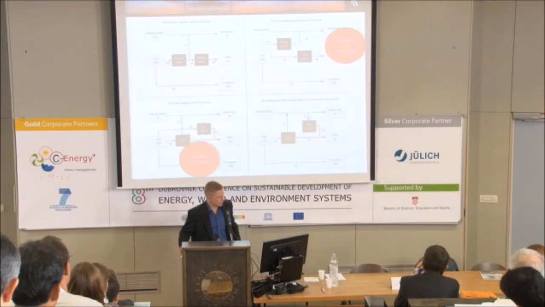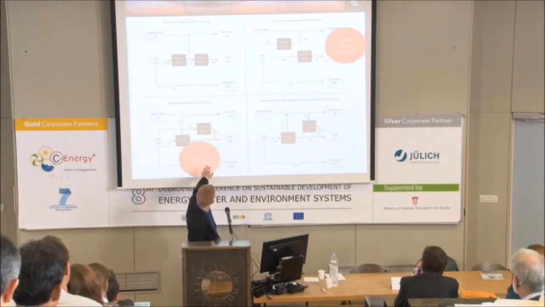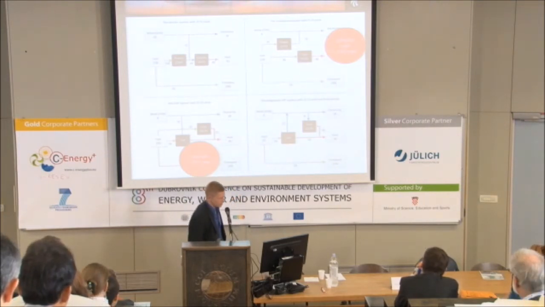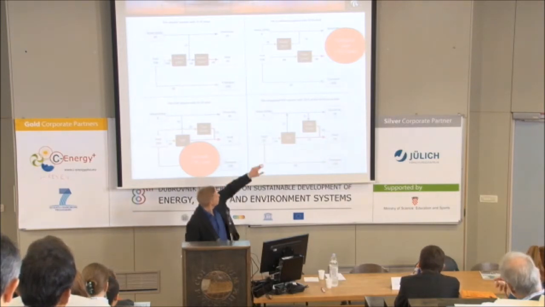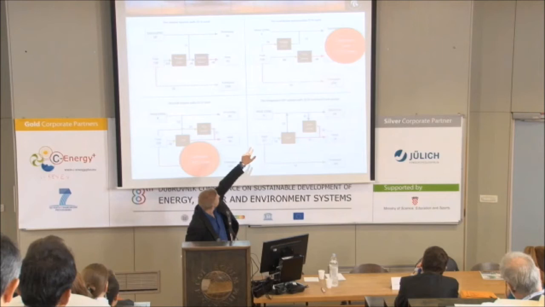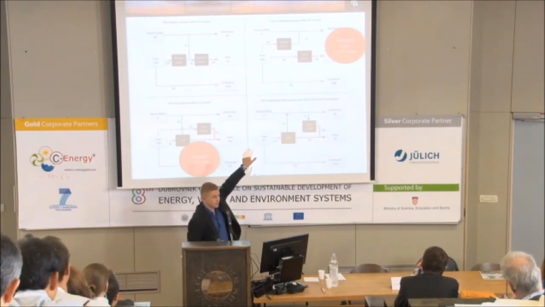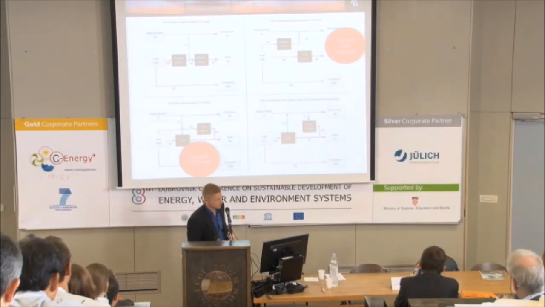Down here we have the Danish situation where we have 35% wind power already. Up here we have the German situation, more or less. Not a lot of CHP, but separated power plant and boiler production.